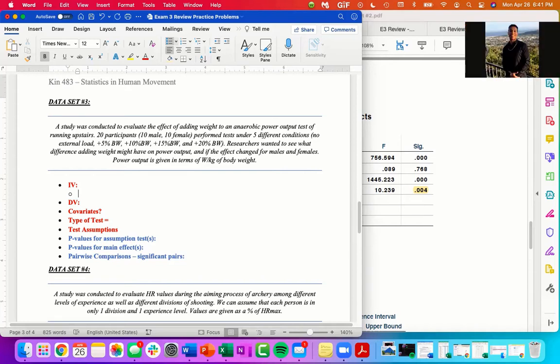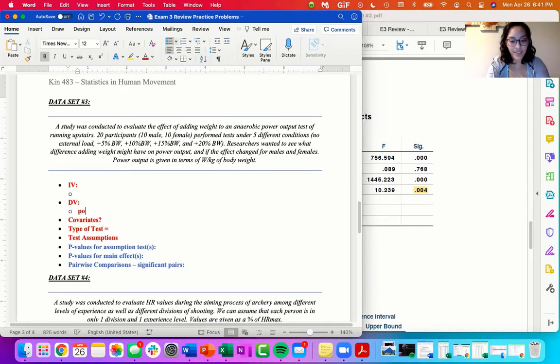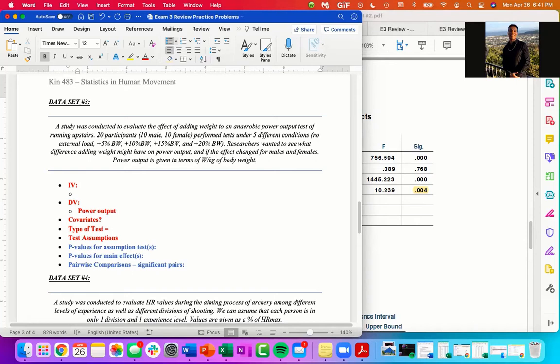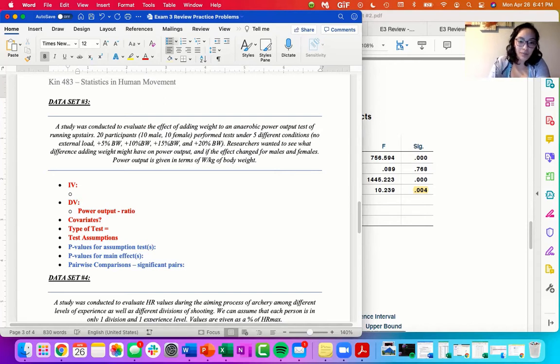Well, the dependent is the power output. Yeah, we can start with that. And independent, just like weight added or weight used or something. So how many independent variables are there? Maybe that's a good place to start.